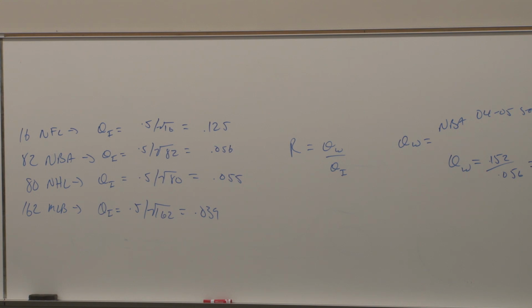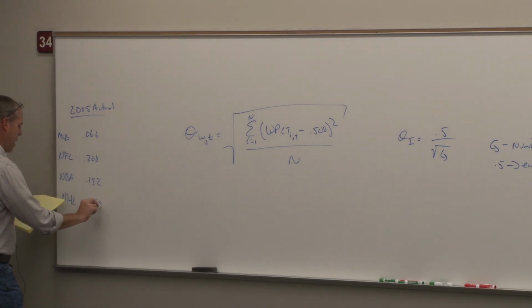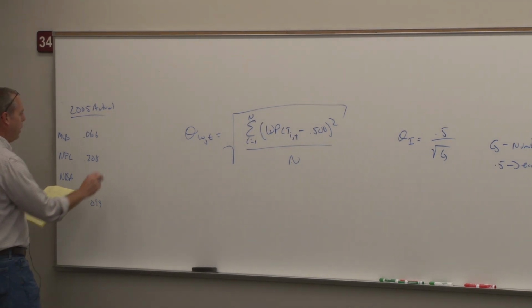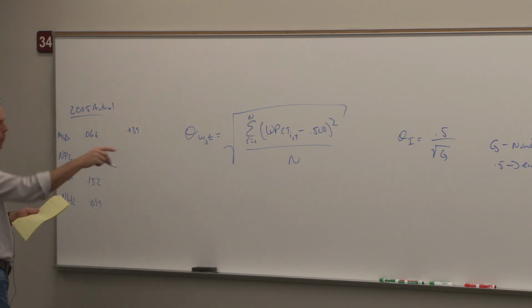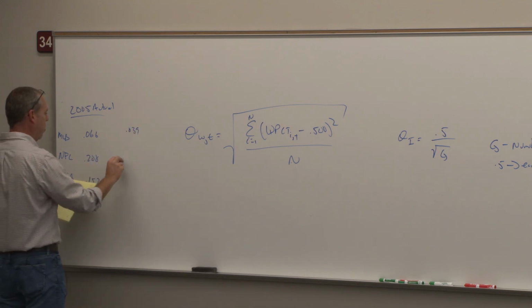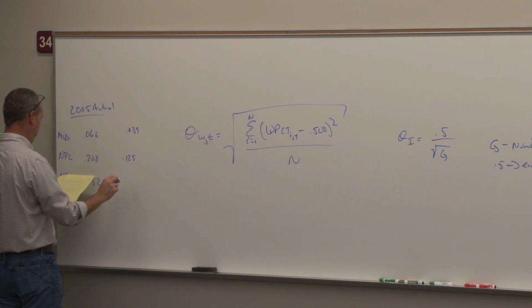So for example, here our 2005 actual, so here's Major League Baseball, here's our NFL, here's our NBA, here's our NHL. This guy was .066, this guy was .208, this guy was .152, this guy was .099. And we know what our idealized amount is, right? That's our .039 for Major League Baseball. It's our .125 here.